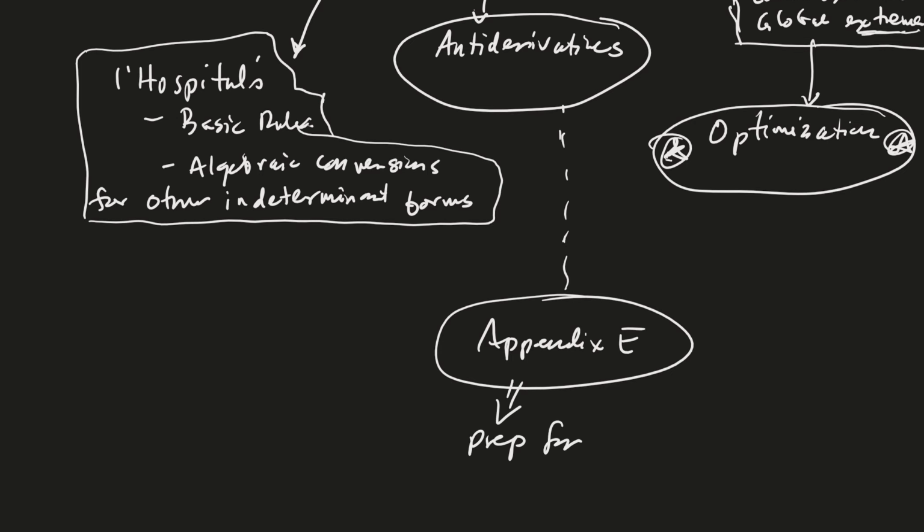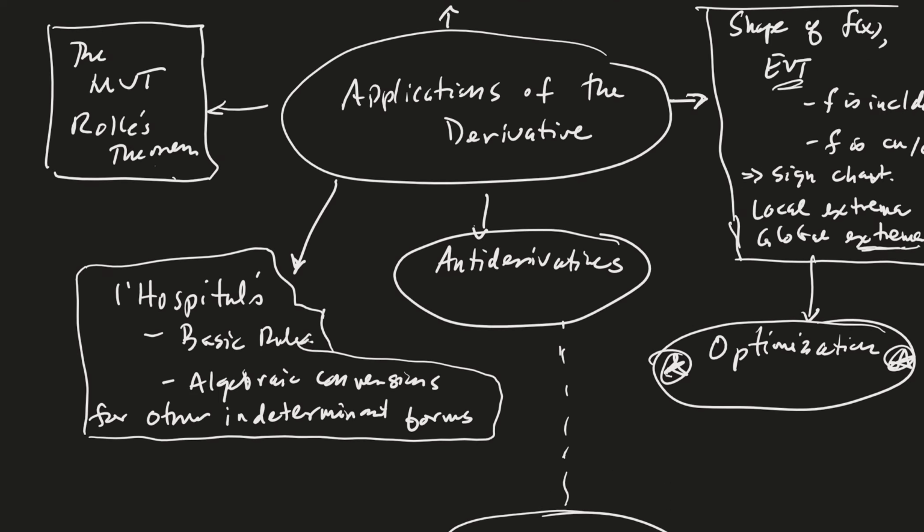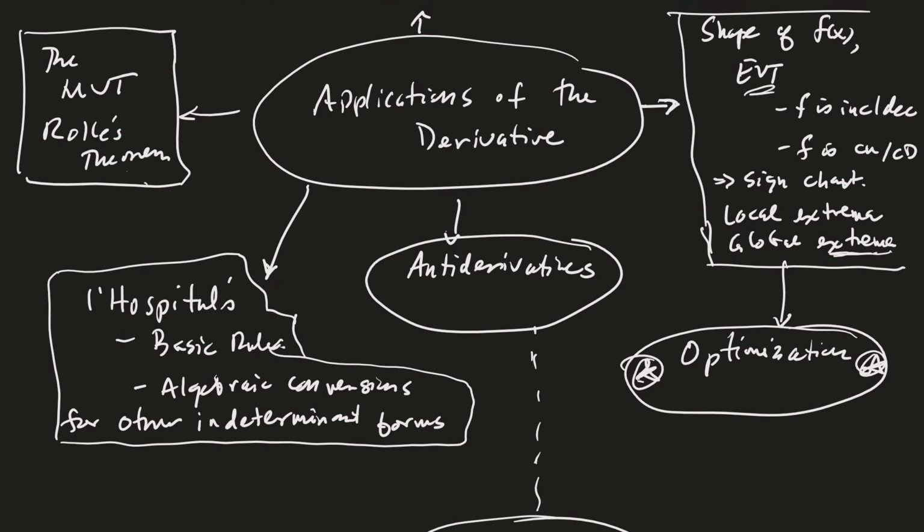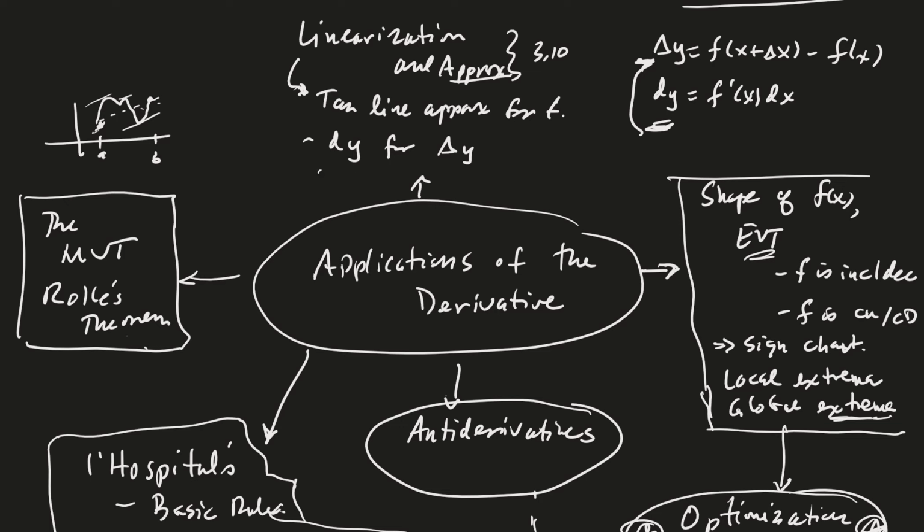Prep for Chapter 5. Okay, but of course they will be on the exam. That's just why we're setting things up for Chapter 5 right now. Good, and so that's the layout.